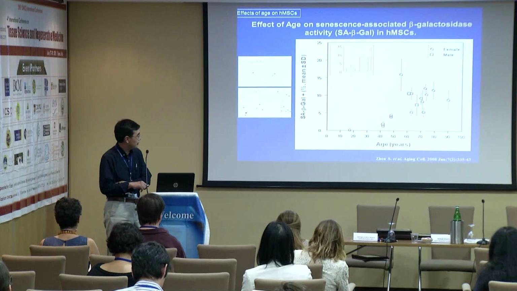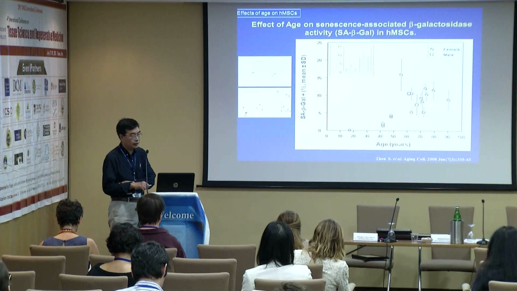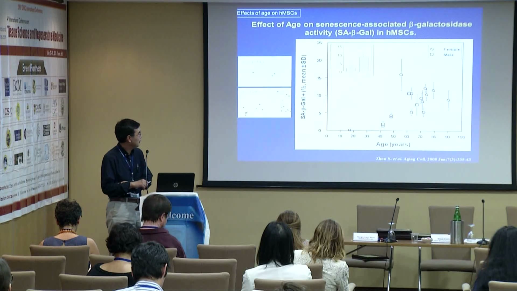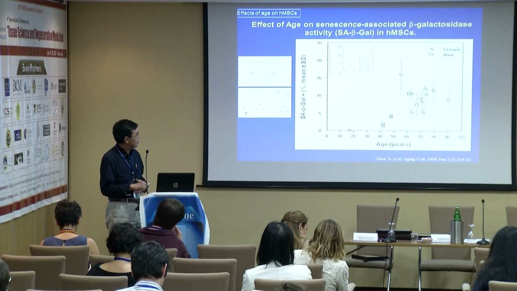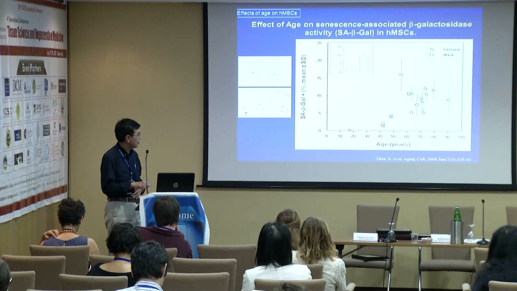We find it increases with age, especially in middle age. Between 50 and 60, you have a significant increase. That's why we define the young patient as less than 50, and the old patient as more than 55, basically based on this data.